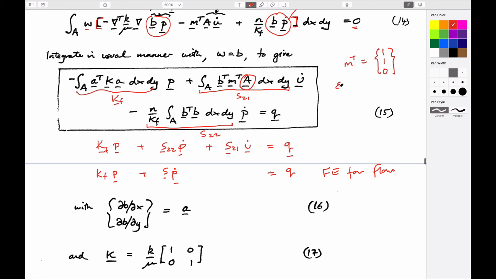We know that epsilon is equal to AU. So that's exactly what that is. These are the shape functions. So the shape functions would be that pressures are equal to shape functions times nodal pressures. So that's what that is. And this is just this.